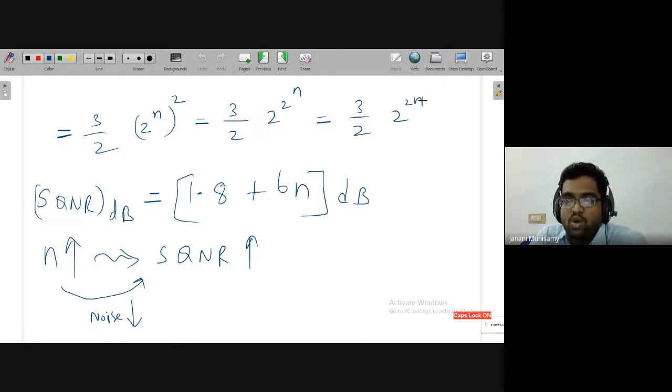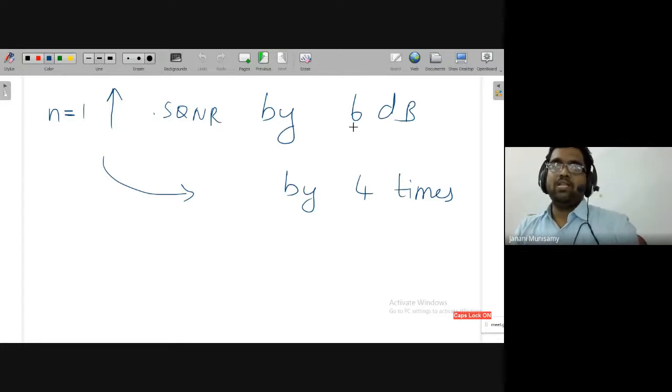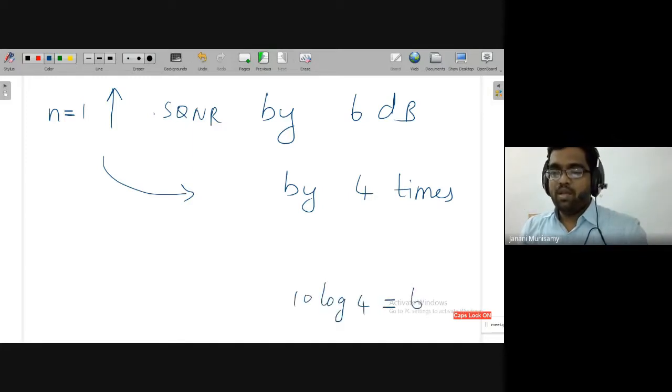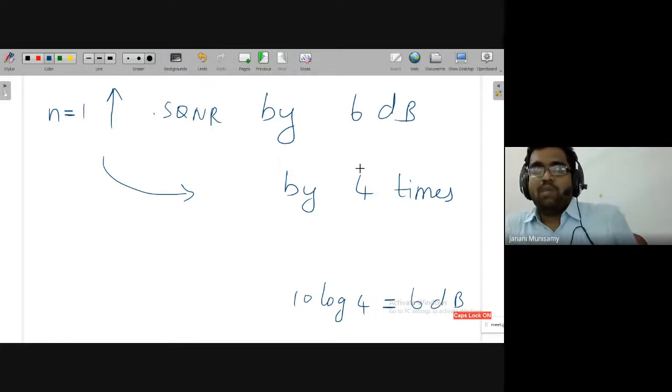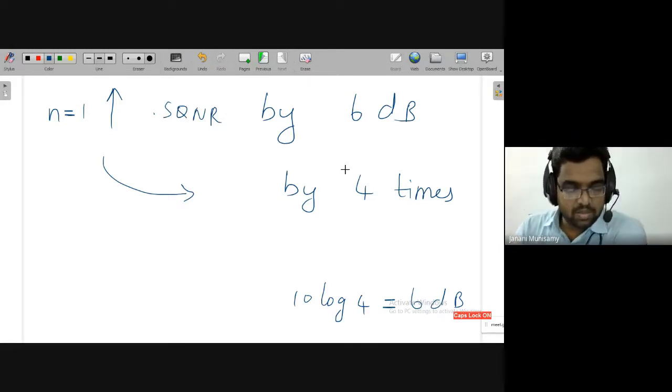When n equal to 2, this gives 16. Anyway, this is constant. Or if you have doubt, take 10 log of 4, that gives 6 dB. So either it increases by 4 times or by 6 dB. That is the important observation from here.